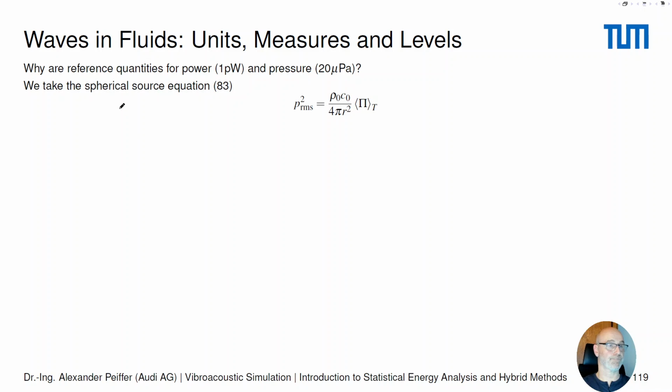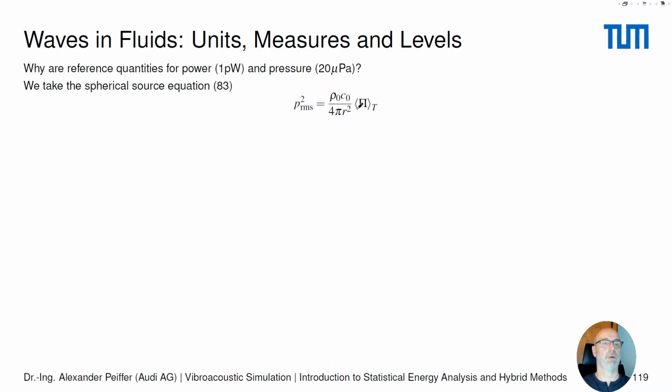So as mentioned, you may wonder why we have quite a strange reference quantity for the power of 1 picowatt, and what is the relationship to 20 micropascal. I will just give you a hint why this was chosen, and it really makes sense, but it makes sense only for simple practical reasons. And for explaining this, we just take our spherical source equation.